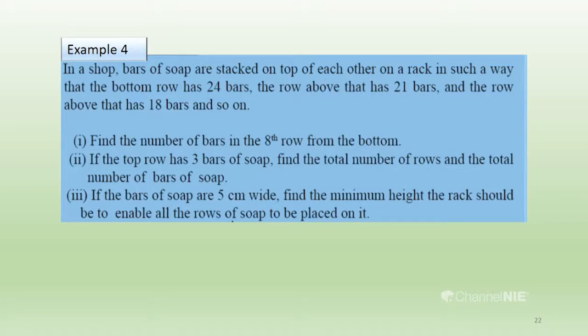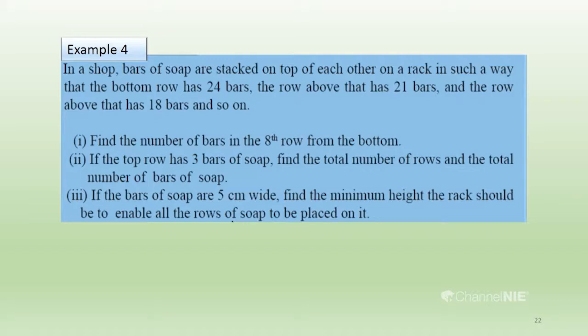In a shop, bars of soap are stacked on top of each other on a rack in such a way that the bottom row has 24 bars, the row above that has 21 bars, and the row above that has 18 bars, and so on. Find the number of bars in the 8th row from the bottom, that is the first part.